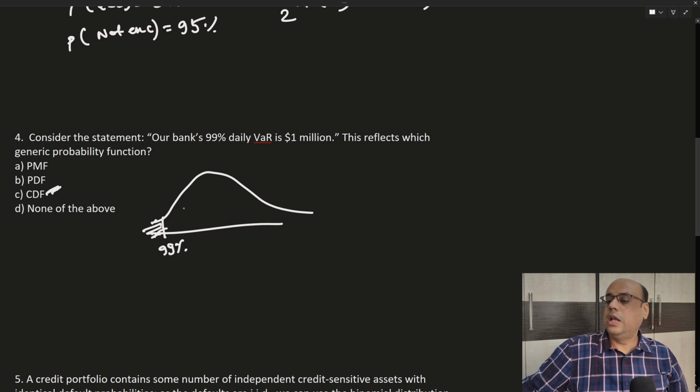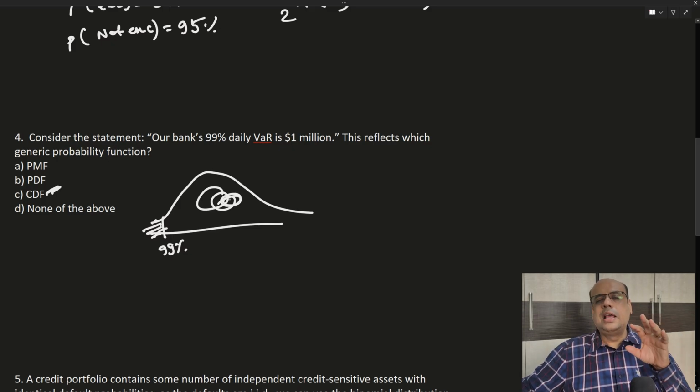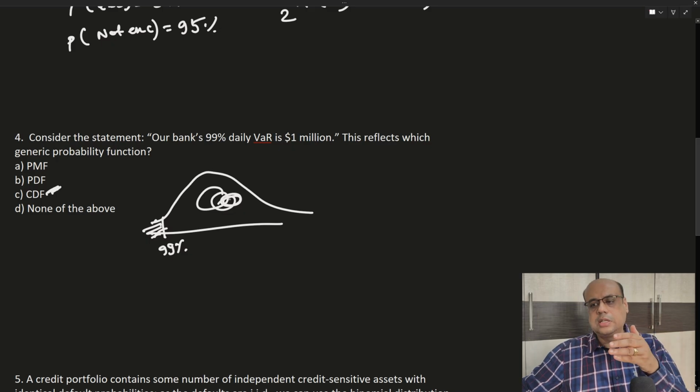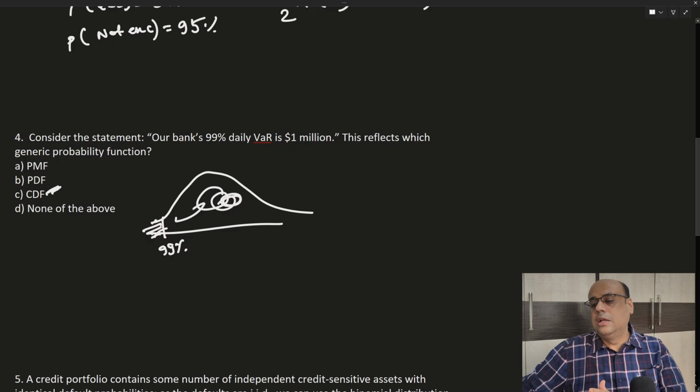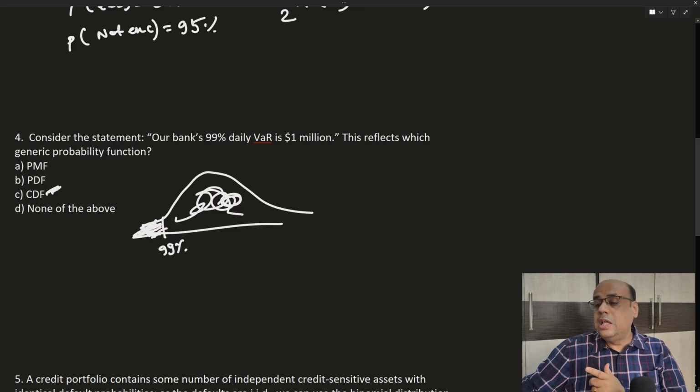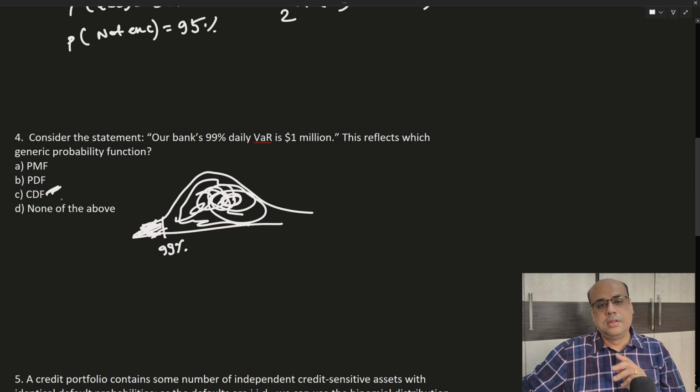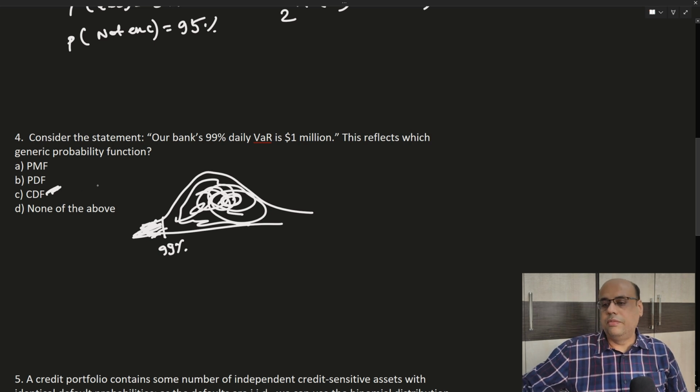There is a 99% chance that the VAR, or the potential loss the bank is exposed to, 99% of the time will be within 1 million, and there is a 1% chance it will be more than 1 million, which is the tail risk. So if this is how VAR is depicted, then this is a CDF. So the correct answer is CDF.